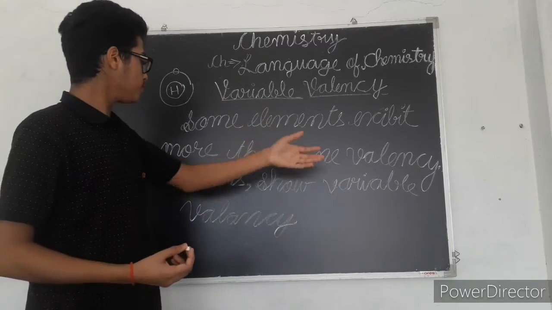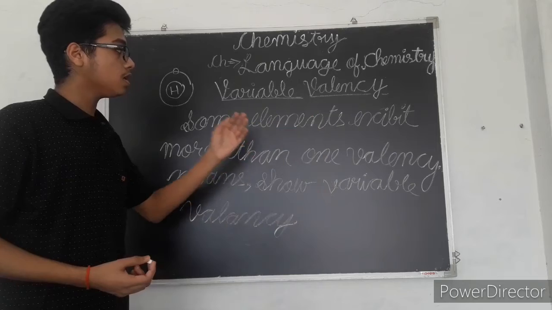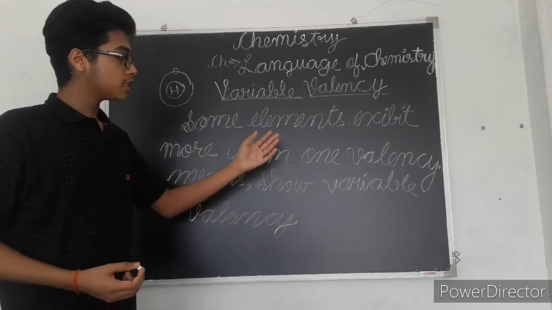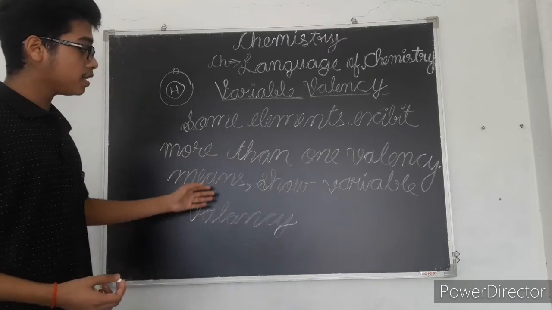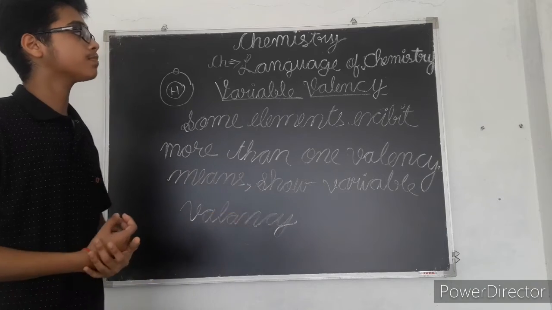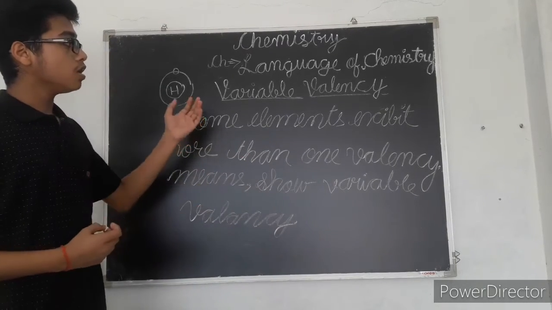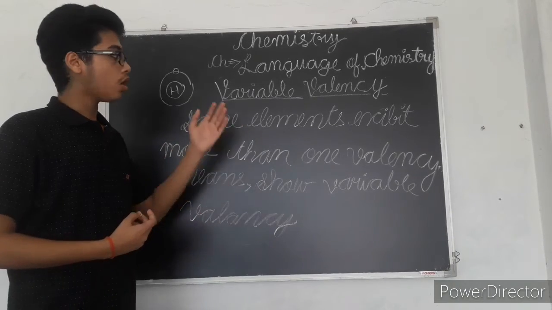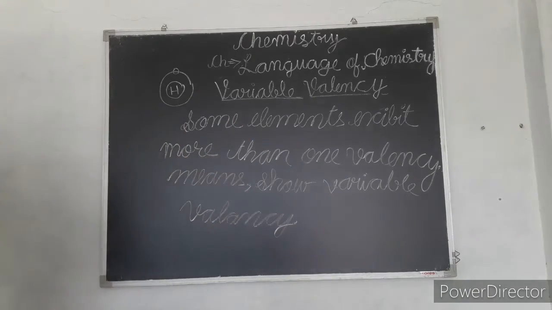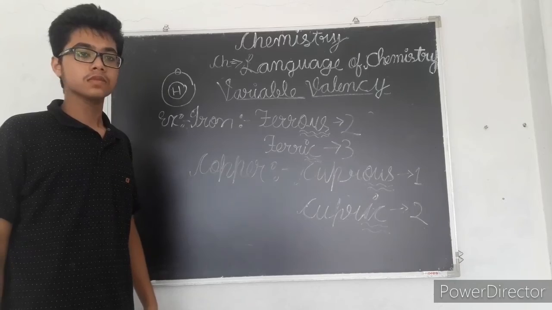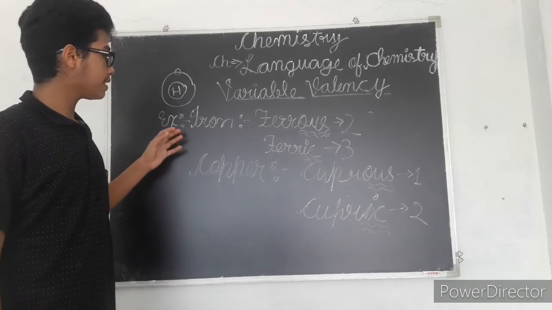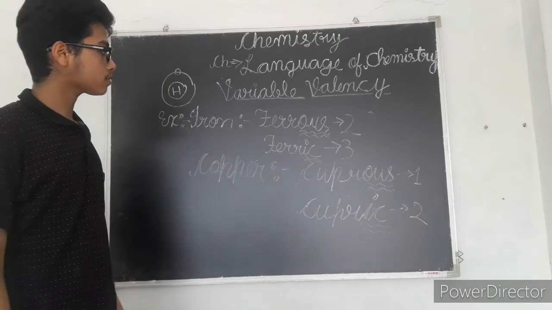Some elements exhibit more than one valency, which means they show variable valency. So let us take an example of variable valency.